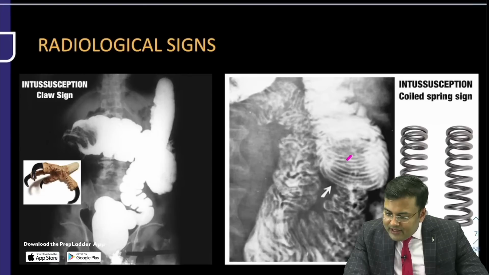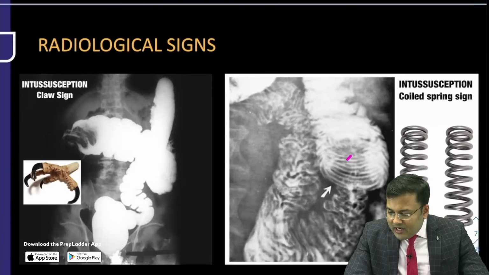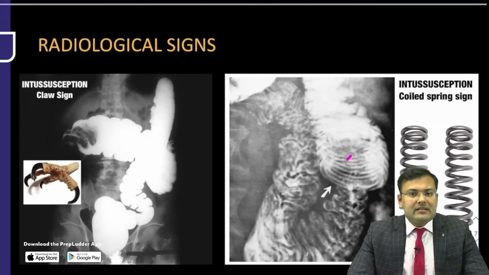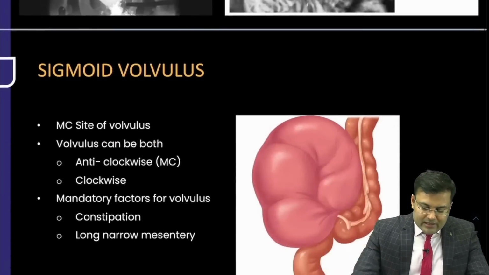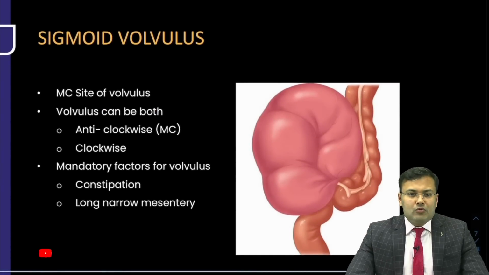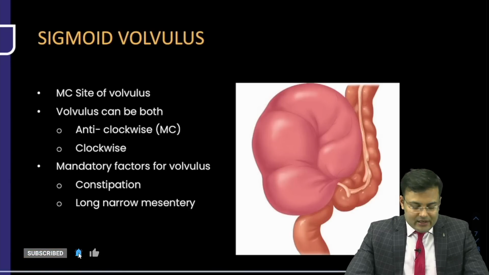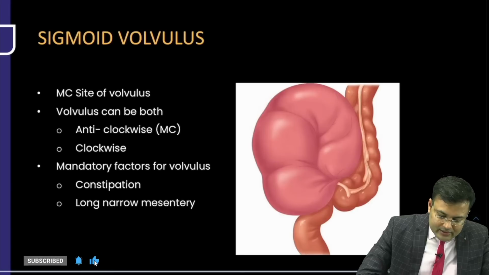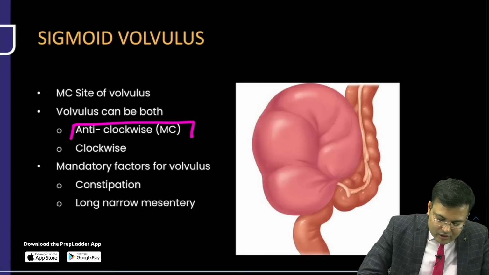Everybody is correct. It's the sigmoid colon. So tell me, is sigmoid volvulus clockwise or anti-clockwise? Obviously it is anti-clockwise. So most commonly the sigmoid volvulus is anti-clockwise.